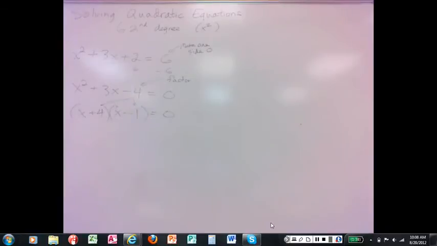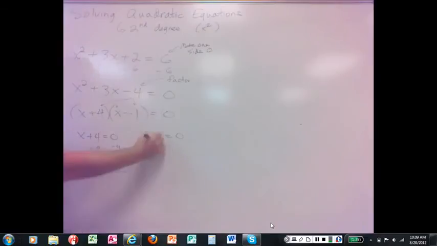Now what, though? To get the actual answers, two things multiplied together equal 0. So either your first one equals 0 or the second one equals 0. You set each factor to 0, right? And then solve those accordingly. This is then just subtract 4 from both sides, so x is negative 4.